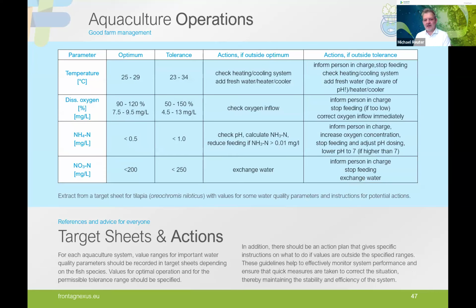What would be the optimal temperature? What would be the maximum nitrate amount in our water body? And also the actions to take if we exceed one of these values, whether we leave an optimal range or a tolerance range.